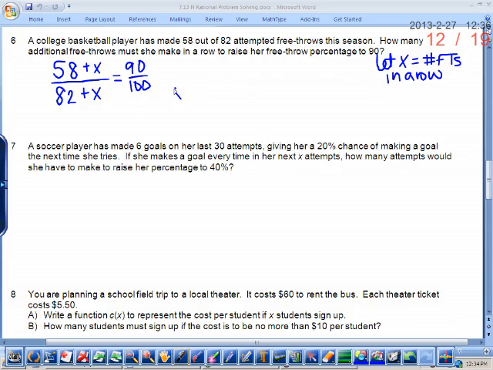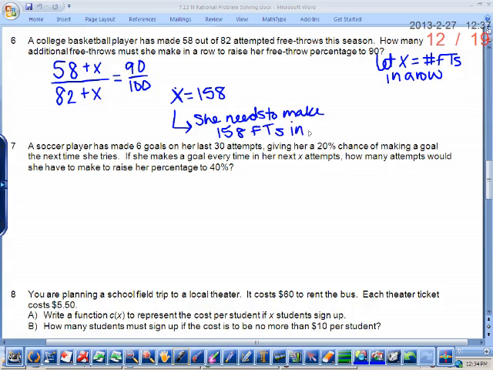When you solved for x, what'd you get? 158. And then you have to turn this into a sentence. So she would need to make 158 free throws in a row. It's a very challenging task right there.